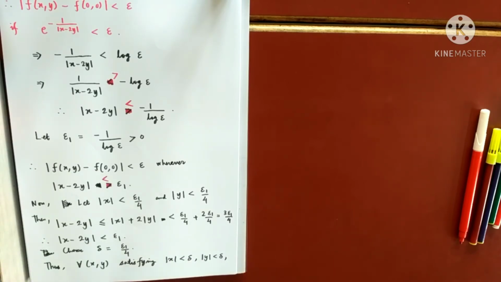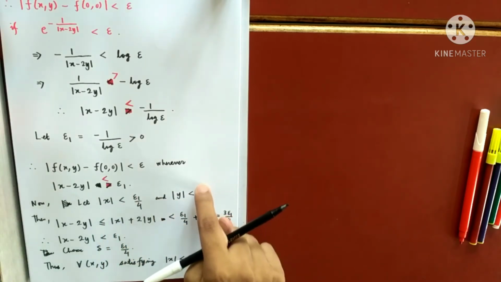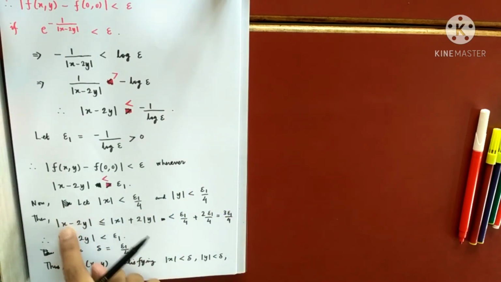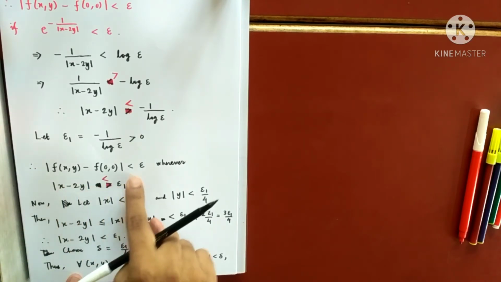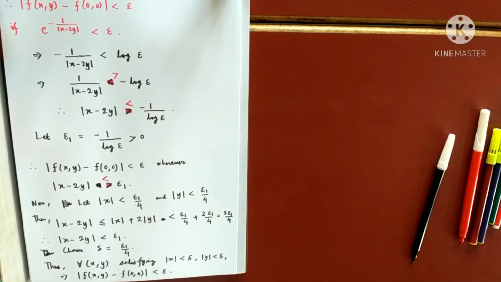For all x comma y satisfying this condition, this quantity is becoming less than epsilon 1, and whenever this is less than epsilon 1, I have mod of f(x,y) minus f(0,0) less than epsilon. Understood?